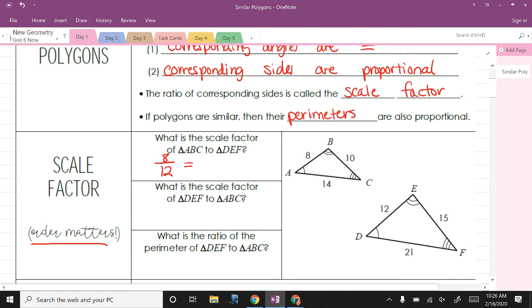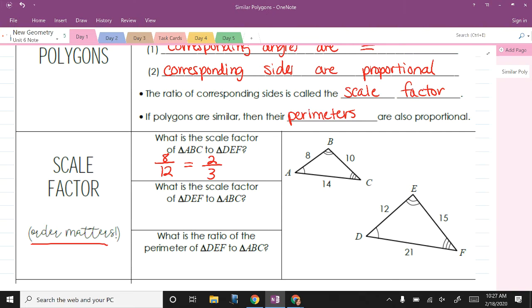And then you reduce it. What is 8 over 12 as a fraction reduced to? Both divisible by 4? 2/3. So the scale factor from triangle ABC to triangle DEF is 2/3. That means this triangle is 2/3 the size of this one, right? The scale factor is smaller than 1, so that means this triangle is smaller than this one, right?